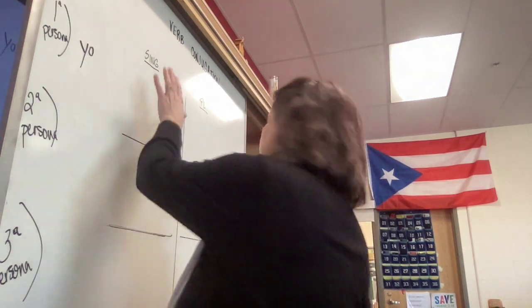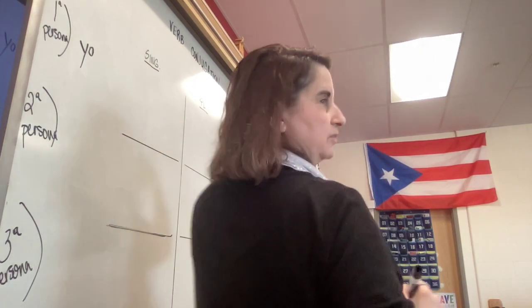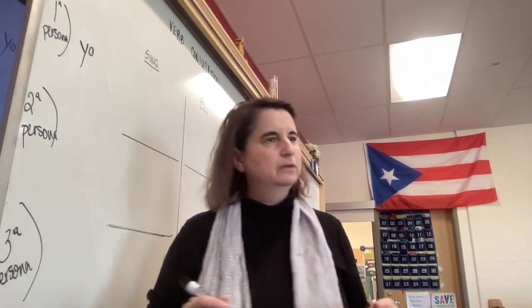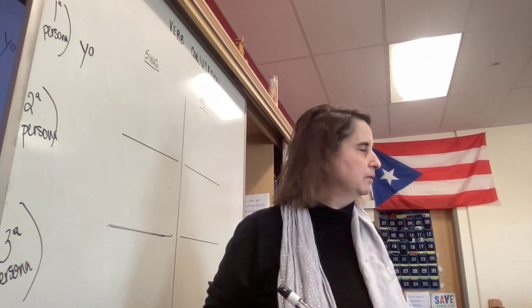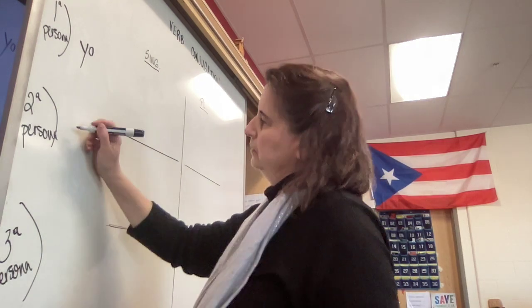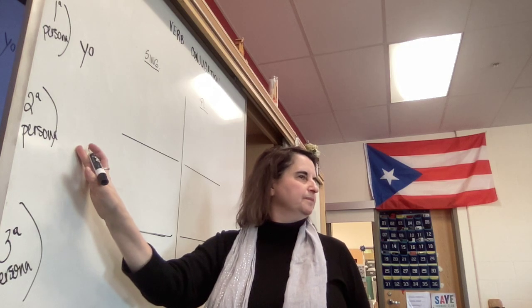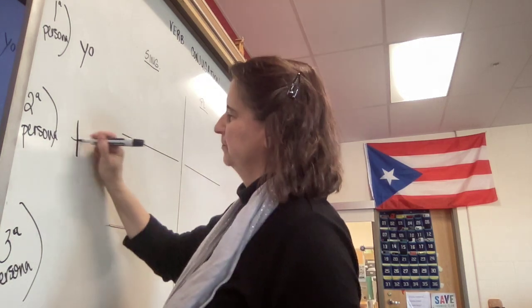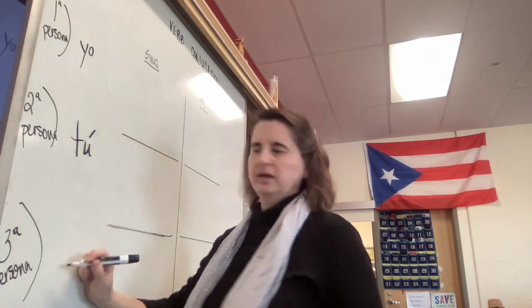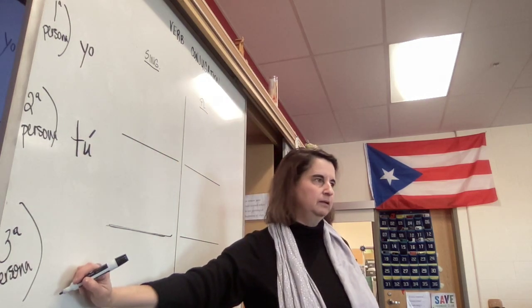We're going to leave space for the verb because the verb is the main event. The pronouns are just the prelude. Which pronoun goes here? Tú. Y aquí, tercera persona singular.